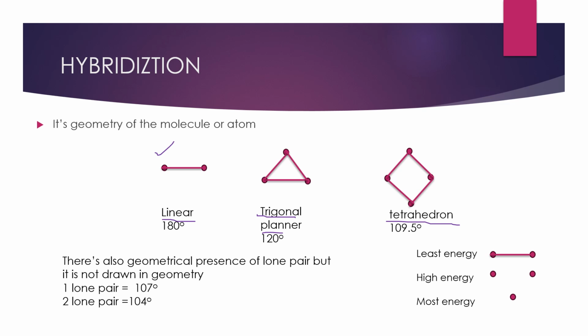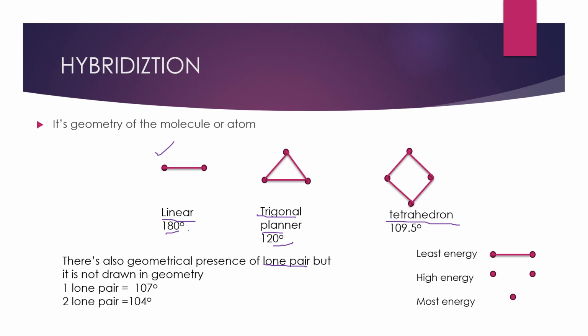Now the angle in the linear form is 180, in the trigonal form it is 120, and in the tetrahedron form it is 109.5. We know that in molecules, most of them have pairs that we call lone pairs. When there are lone pairs in the shape, the geometry is a bit different.